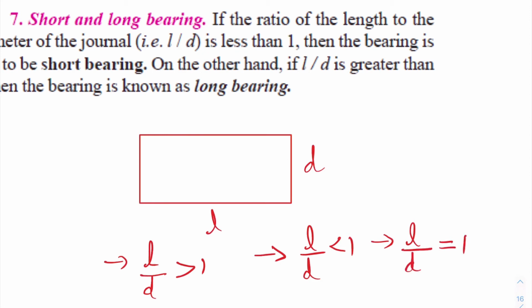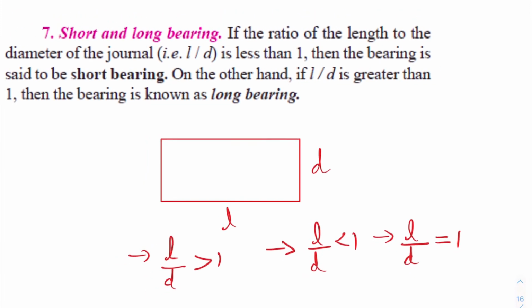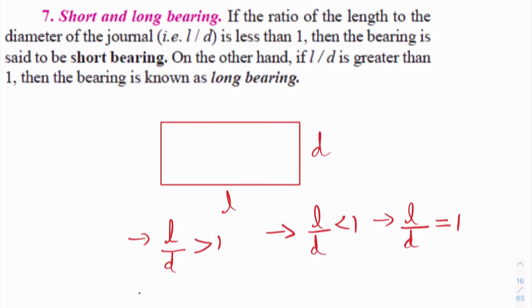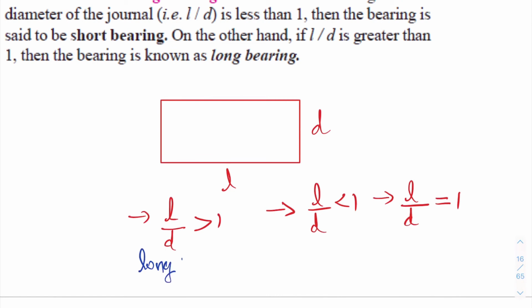So in the first category, whenever the L by D ratio is more than 1 or greater than 1, we call it a long bearing. Okay, and the second, when L by D is less than 1, we call it short.